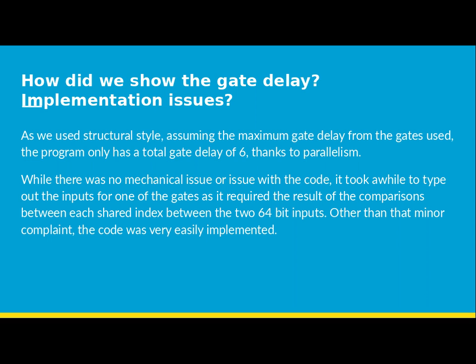The reason it's very massive is that I individually received every output from the XNOR gates and sent them all through a singular AND gate, which made it a massive pain to code. But aside from that, it ran fairly well. There were no mechanical issues aside from it taking probably about 20 minutes. Other than that, it's a rather simple code and very easily implemented.